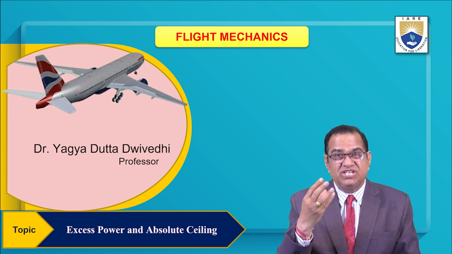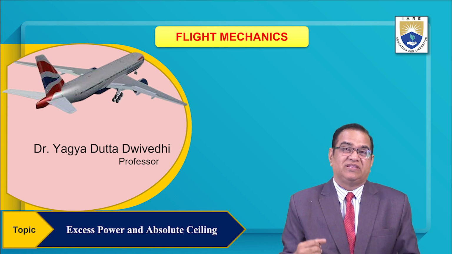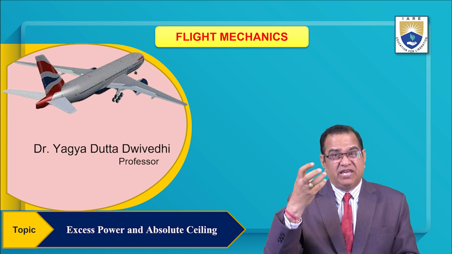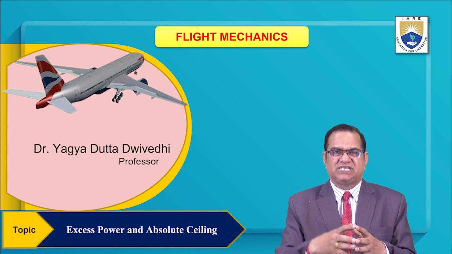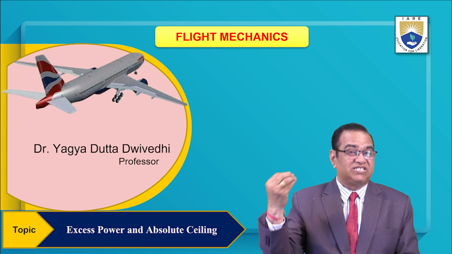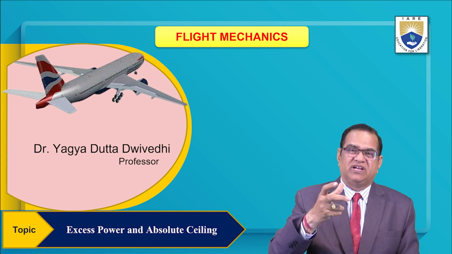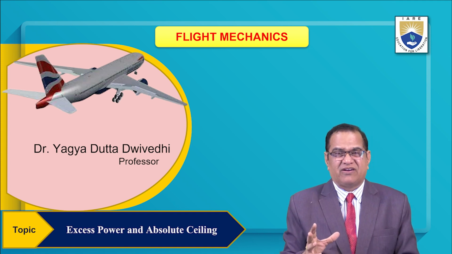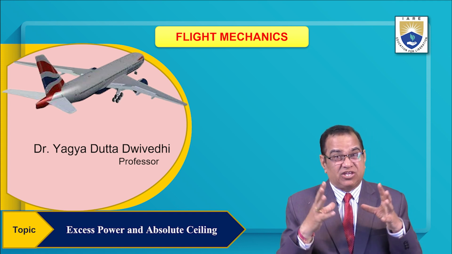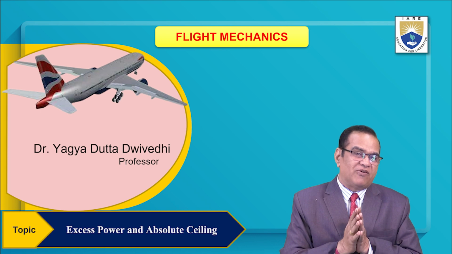But how much the engine is able to produce power or thrust by the burning of the fuel, and by the different processes at the exit for the jet engine and at the shaft for the IC engine, propeller aircraft, how much power it can give maximum is called the power available.